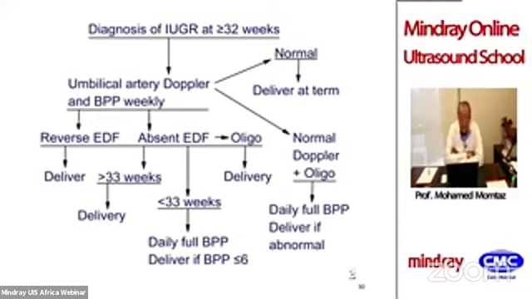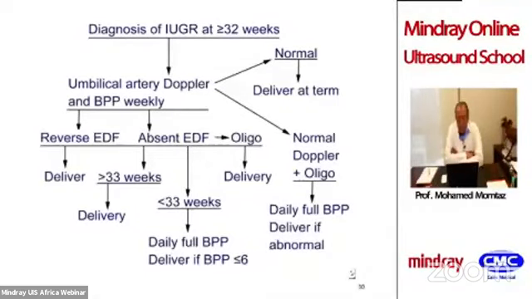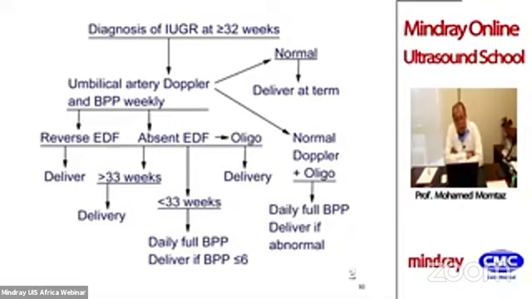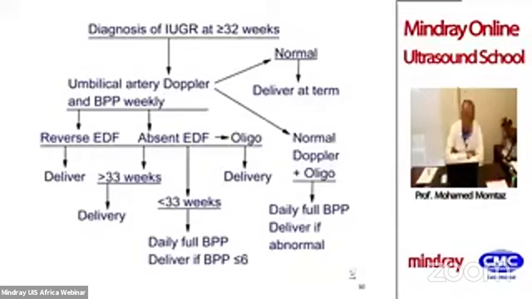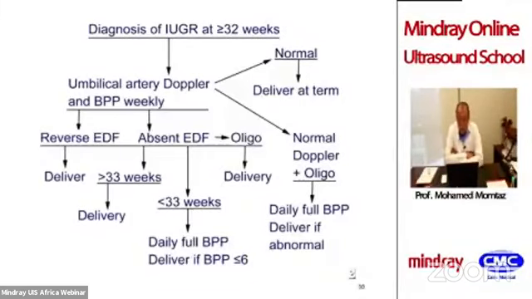If you have an absent end diastolic flow before 33 weeks, then you try to wait 1 or 2 or 3 days more and give corticosteroids, until either the baby or the mother has taken the corticosteroids for improving maturity, or if there is reversed end diastolic flow, or if the biophysical profile is less than 6. So this is just a scheme of management. There are many other schemes, but it uses the Doppler in clinical management.